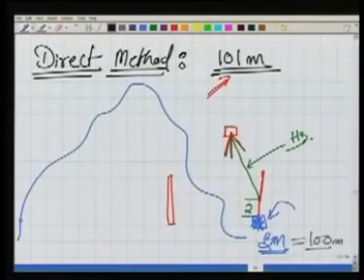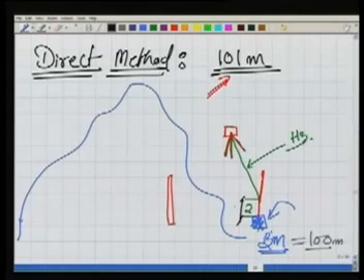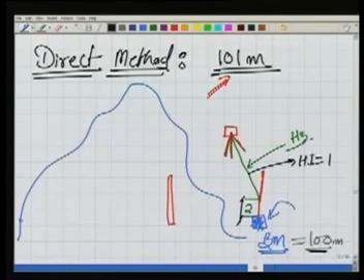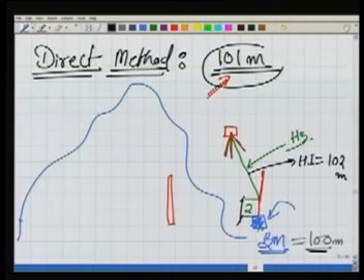That's the question. Well, right now, if you look here, the reading here is 2 meter, while the benchmark is 100 meter. So what should be the height of instrument? Height of instrument will be 102 meter. We are looking for those points which have an RL of 101 meter.